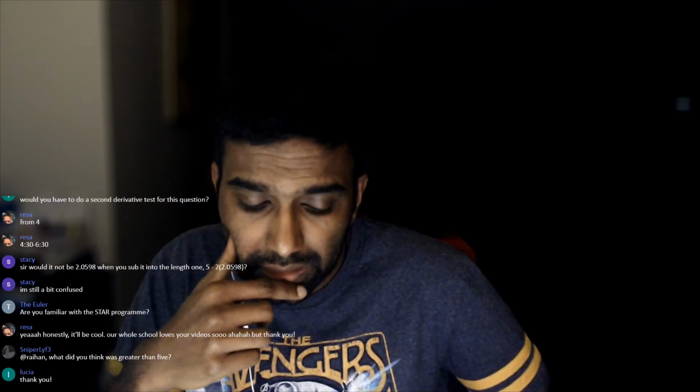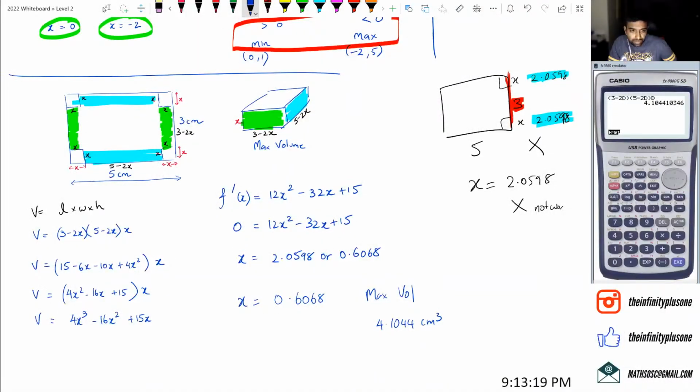Would it not be? Yes, Stacy, the length works, but the height doesn't work. Because remember, for the height, if you look at it, when we do 2.0598, this will work, but this won't work, because that's actually a negative number.